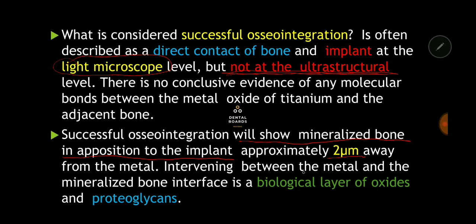Intervening between the metal and the mineralized bone interface is a biological layer of oxides and proteoglycans, which you're supposed to know. In the series number 3 review, we reviewed the layers of bone or tissue surrounding the implant.